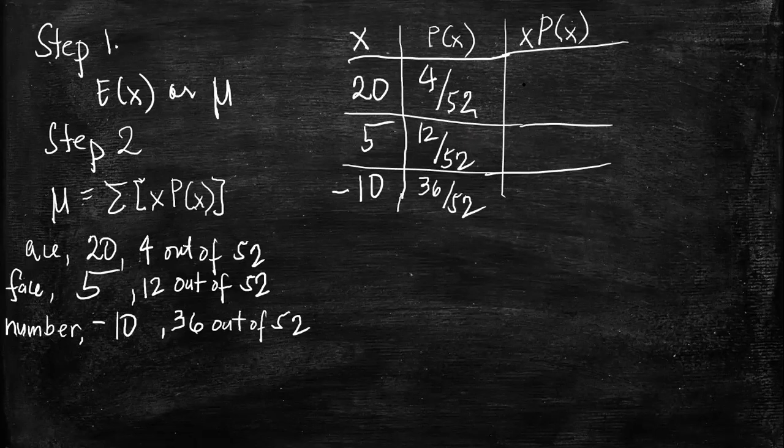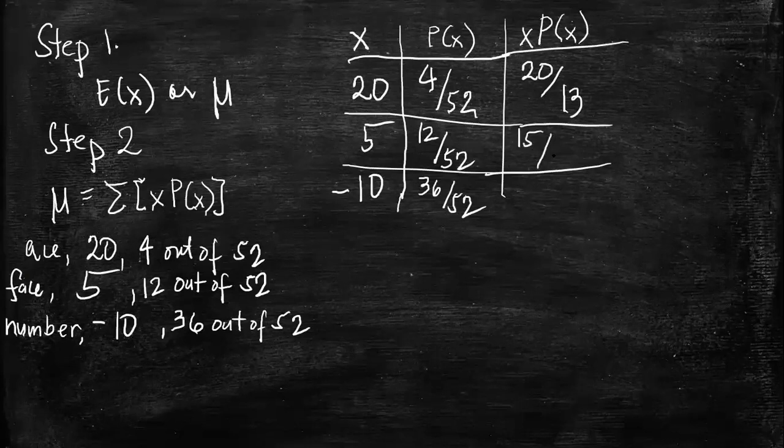Okay. Paki-multiply. 20 times 4 over 52. Sige, ano muna fraction para mas madali? 20 over 13. Next, 5 times 12 over 52. We have 15 over 13. And then negative 10 times 36 over 52. We have negative 90 over 13.